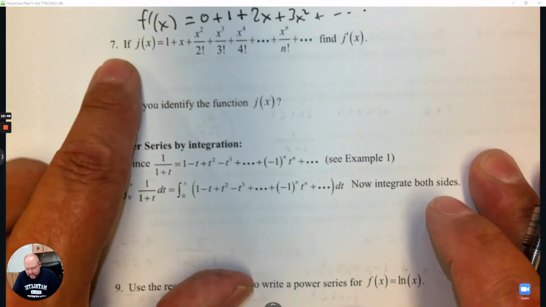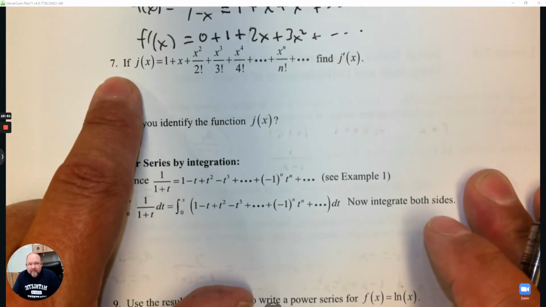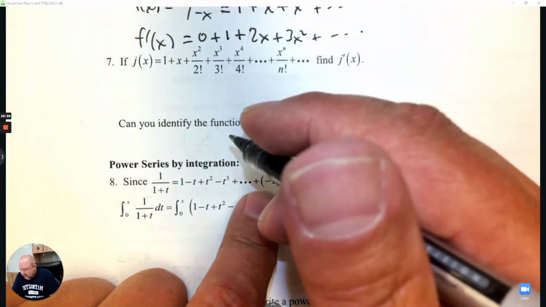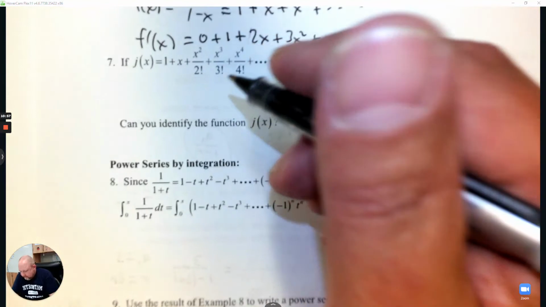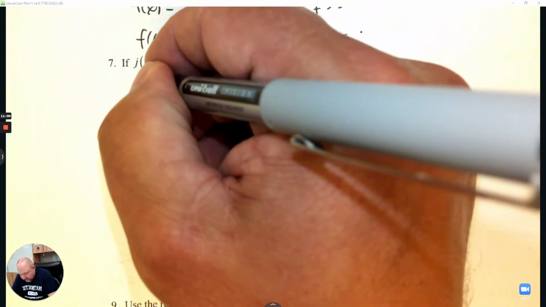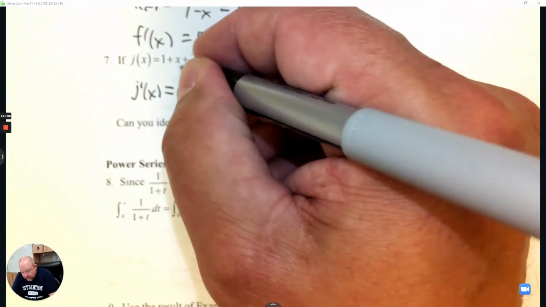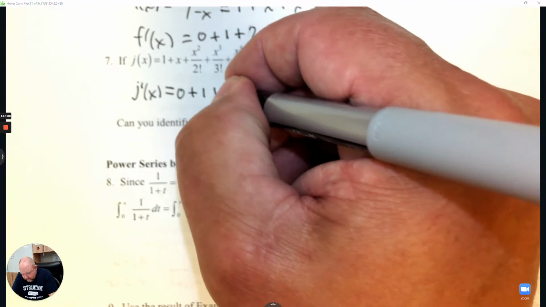Number 7. Here we have a power series. If you take the derivative, you just take the derivative of each term. So the derivative of 1 is 0. The derivative of x is 1.